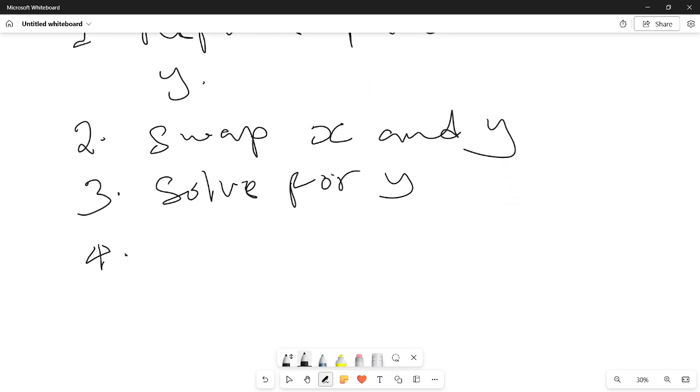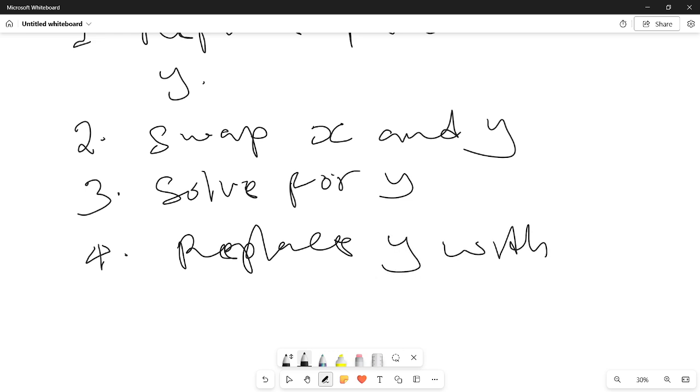Step number 4, replace y with f inverse of x.